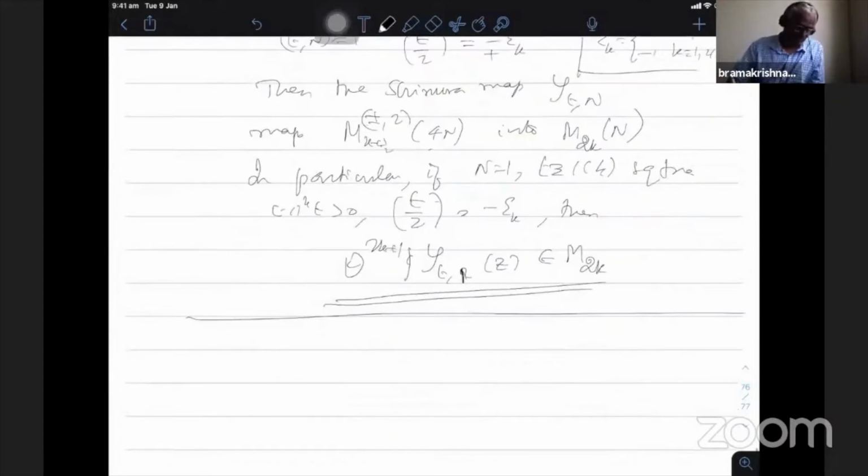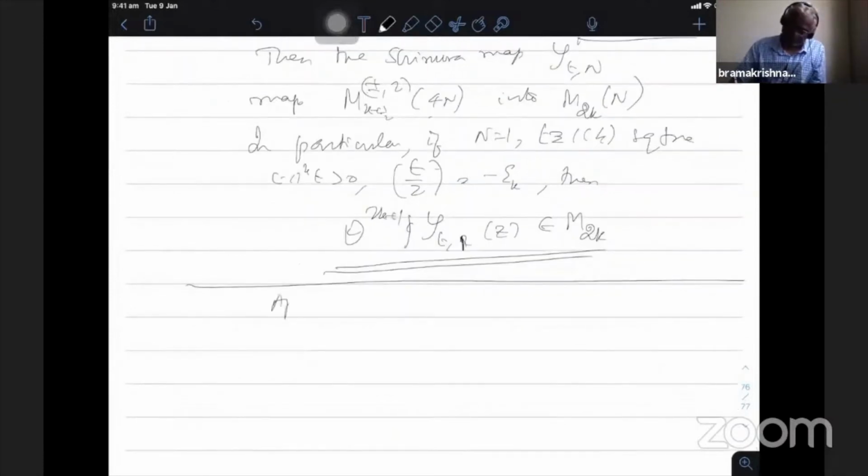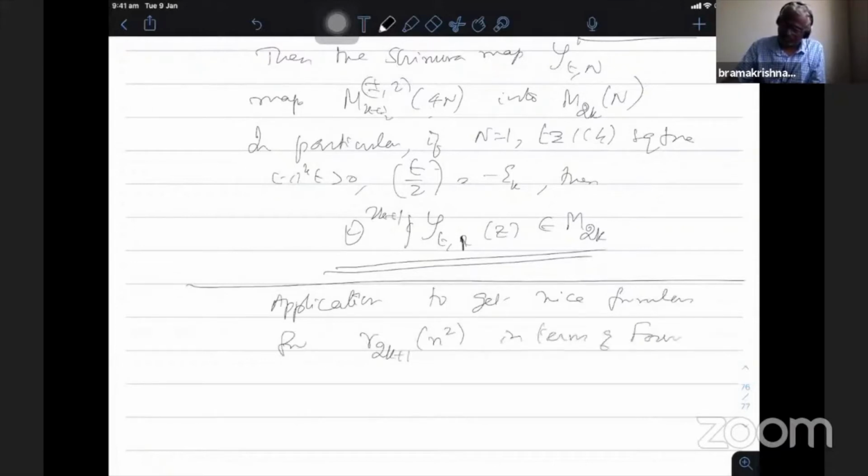So this application is to get a nice formula for r_{2k+1}(n^2) in terms of Fourier coefficients of M_{2k} basis elements.